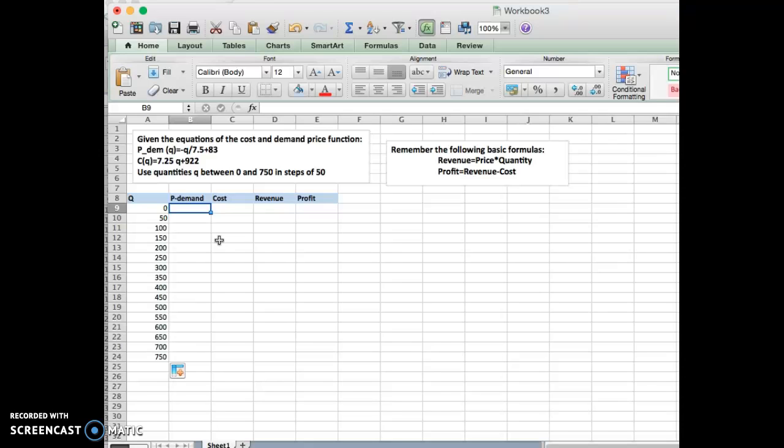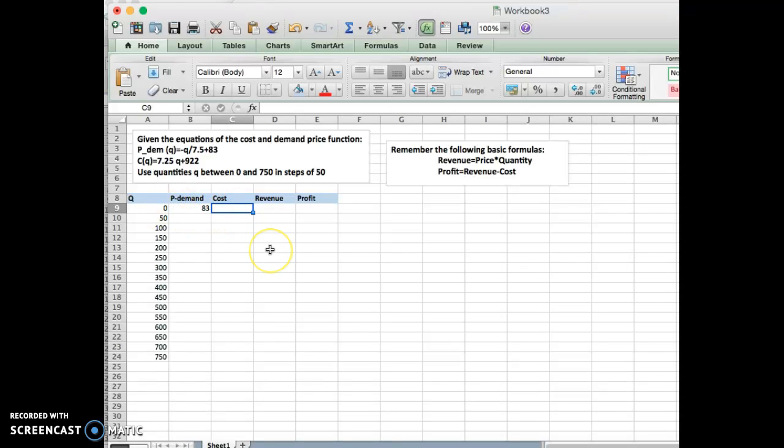So price was given, we said, by minus the quantity divided by 7.5, then plus 83.